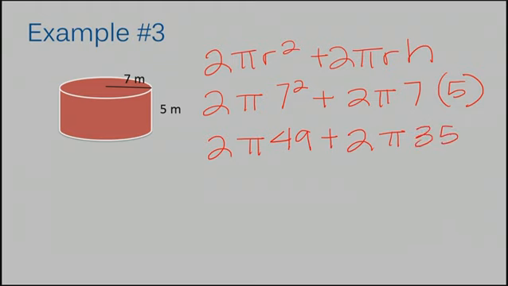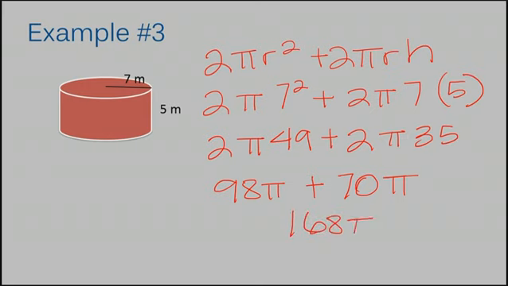Now I'm going to multiply my 2 and my 49 and get 98 pi plus 35 times 2 is 70. So this is going to be 70 pi. Now I need to combine like terms here. And now I'm going to get 168 pi.